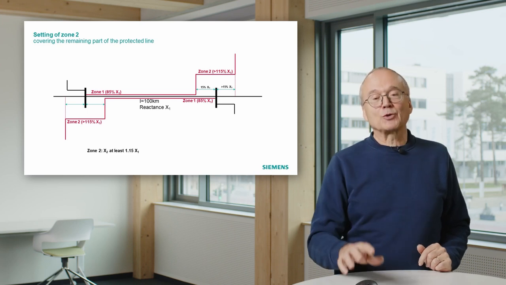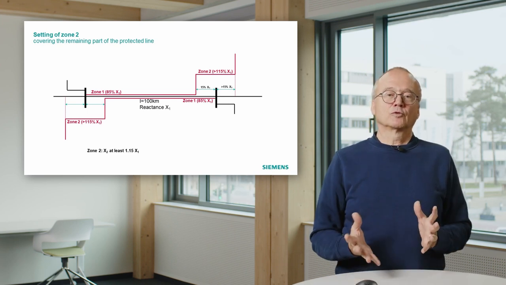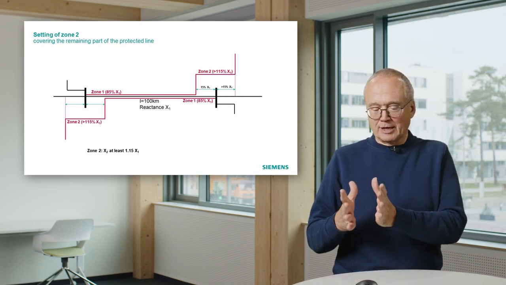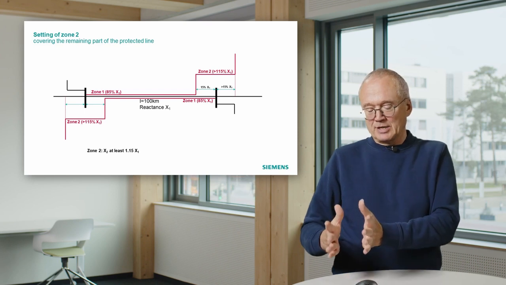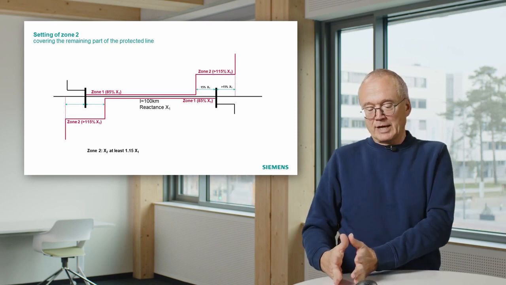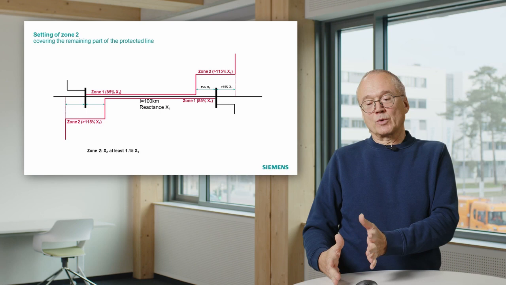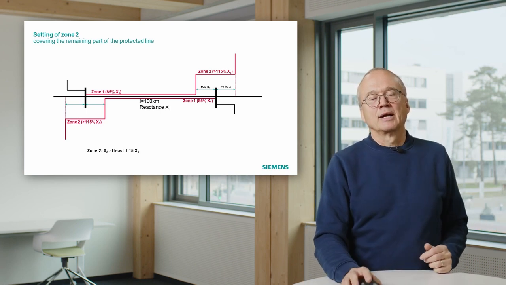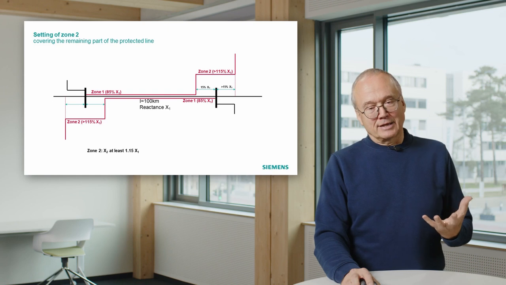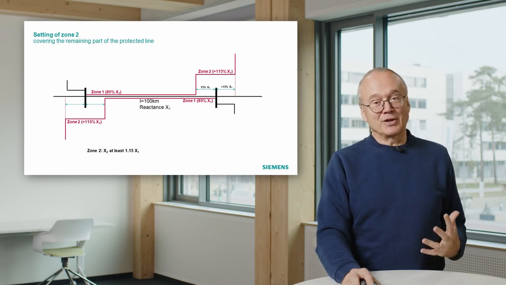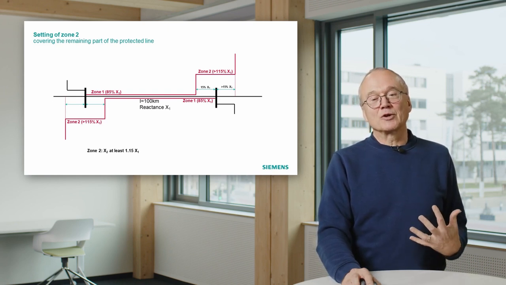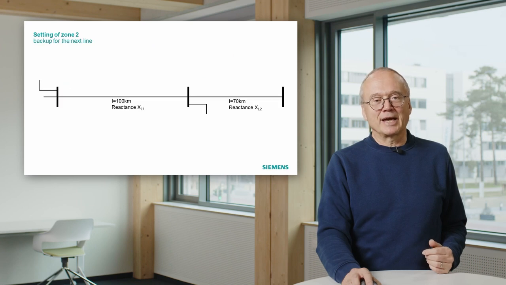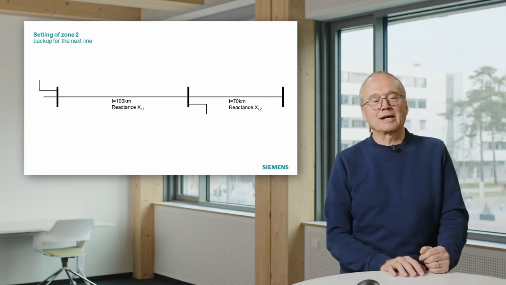But we also have to think about the backup. Remember, we always have to make up our mind. If we have a fault somewhere and the relay which should trip does not trip, what is going to happen then? Distance protection has the nice feature that the remote backup is always there, and I can show that in this example.